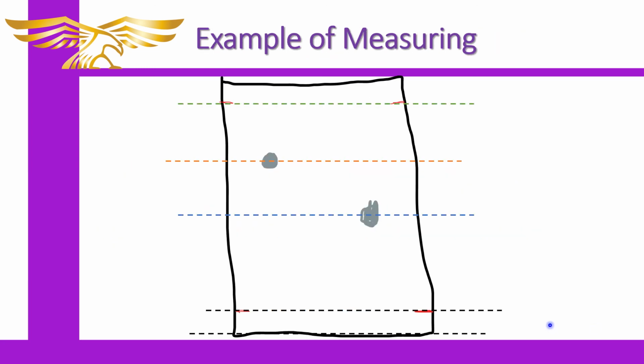This is just an example that shows you kind of what I'm talking about. This black line here and this black line here represent the starting line from where I would measure.